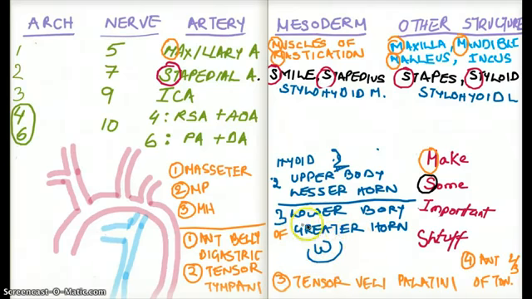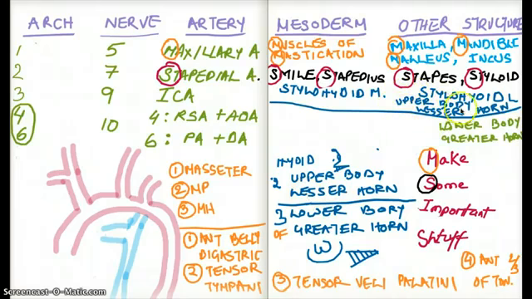So that will remind you that this is lower body and greater horn. So now I added the upper body lesser horn as part of the brachial arch 2 and the lower body greater horn as part of the brachial arch 3.